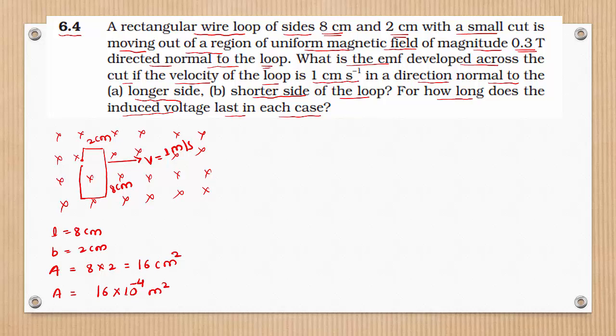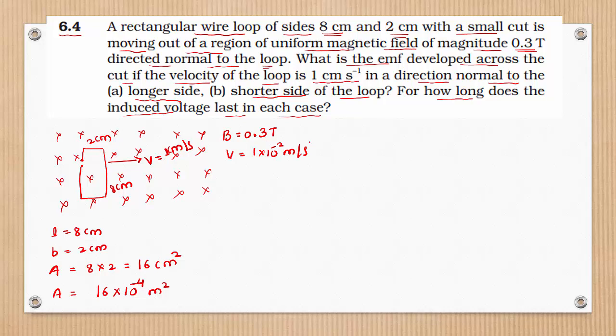This is the area. Then the magnetic field is given, B equal to 0.3 Tesla. Then velocity is given as 1 centimeter per second. So we can write in terms of meter, that means 1 into 10 raised to minus 2 meter per second.